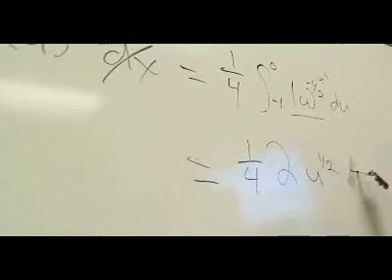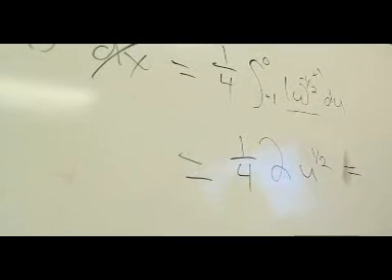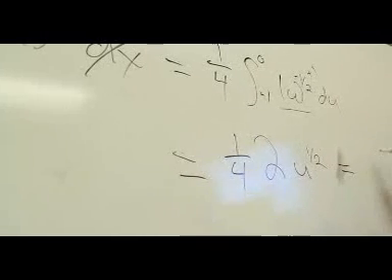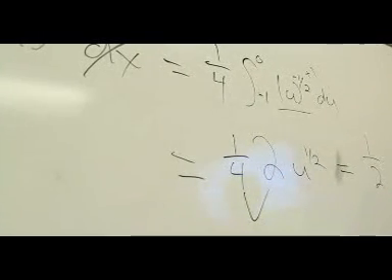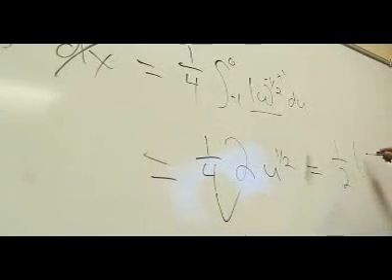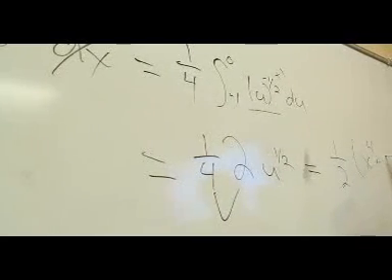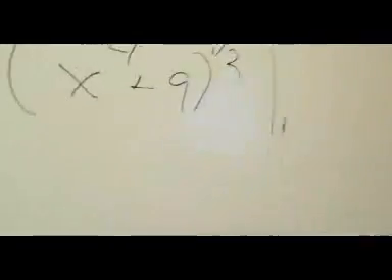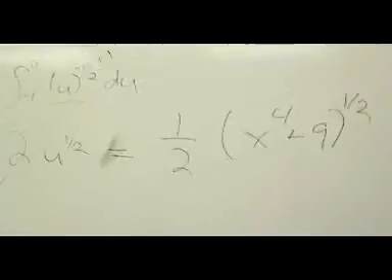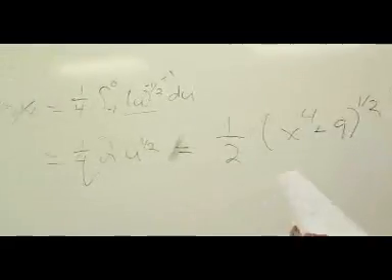So this is going to equal 1 over 2 after we multiply these two, 1 over 2 x to the 4th plus 9 to the 1/2. Now we're ready to enter our limits.